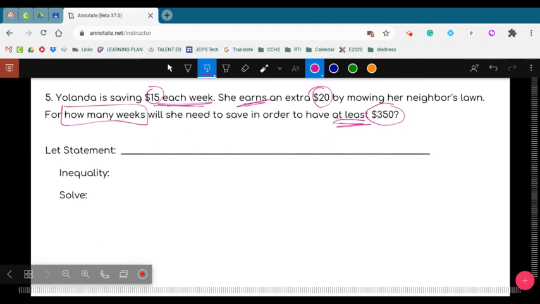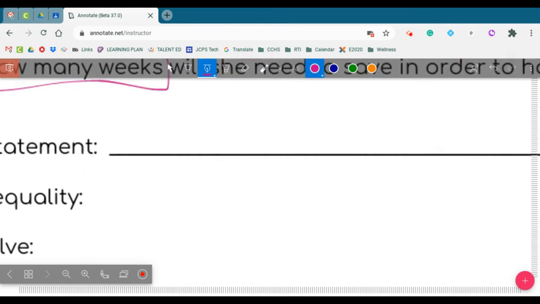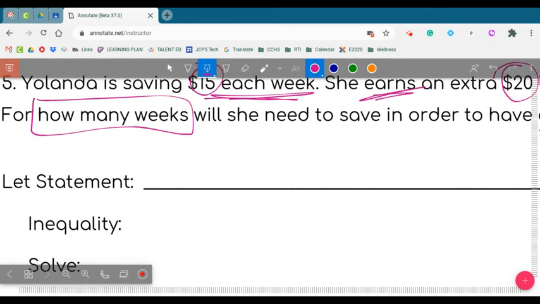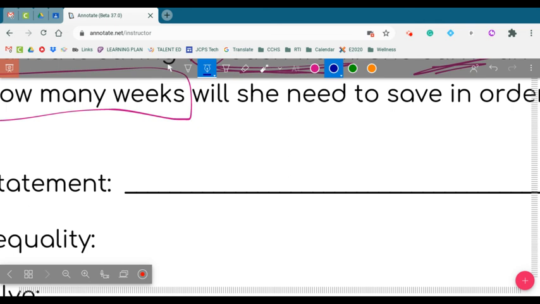First, let's do our let statement. She's saving $15 a week, and she earns just an extra $20. It's asking us to find how many weeks, so we're going to let x equal number of weeks.